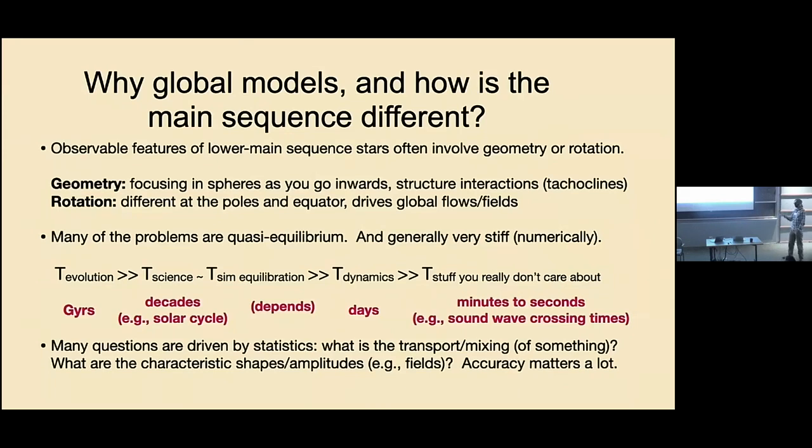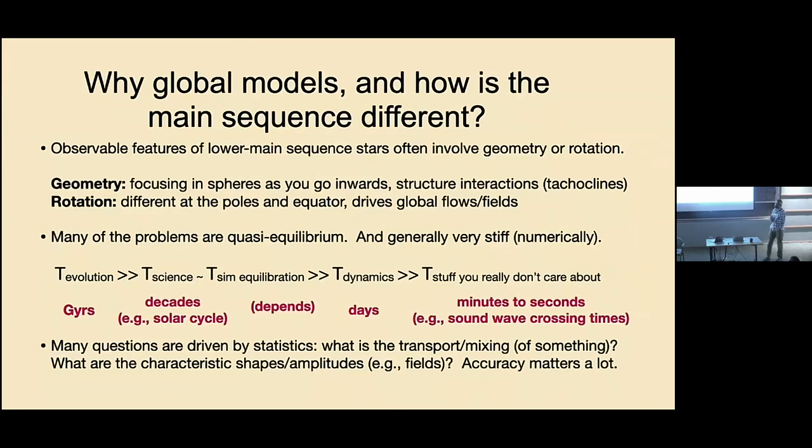What are the mean flows that are established inside the star? And for structure interactions, what happens when convection interacts with something like a penetrative layer, a tachocline of a star? How much mixing is there across it? These are all questions that either have to be in box geometries that are non-constant coefficient and have big changes, or global geometries where things change in latitude as well as in radius.